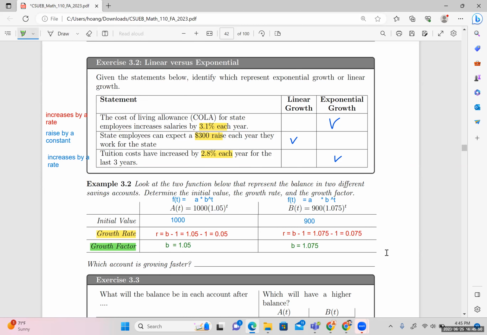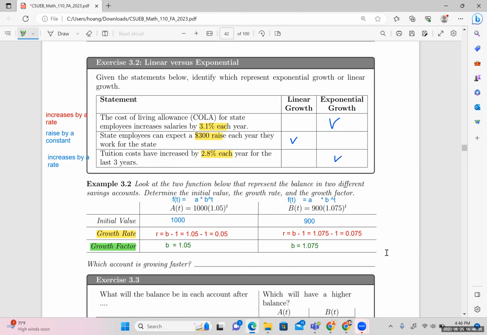The growth rate is denoted by the r that we get, always less than 1, I could say that, and the growth factor is always greater than 1, since you are adding 1 to the growth rate. The notation for that is b.